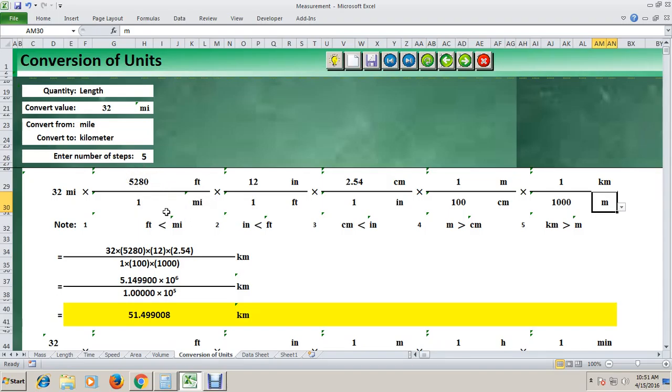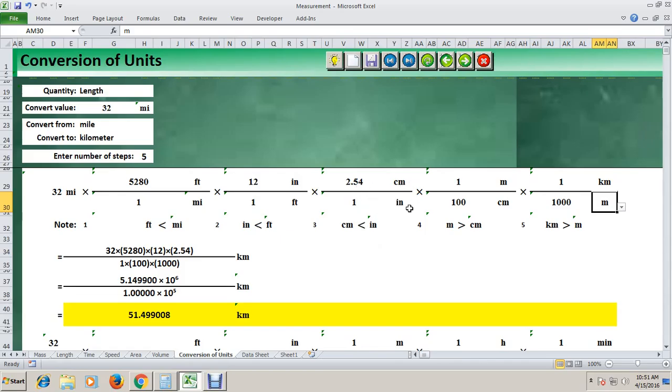Just like what we see here in the conversion, there are more feet in a mile than there are miles in 1 foot. There are 5,280 feet in 1 mile. Next, between inches and feet, inches is the lesser measure. So we expect that there are more inches in 1 foot than there are feet in 1 inch.